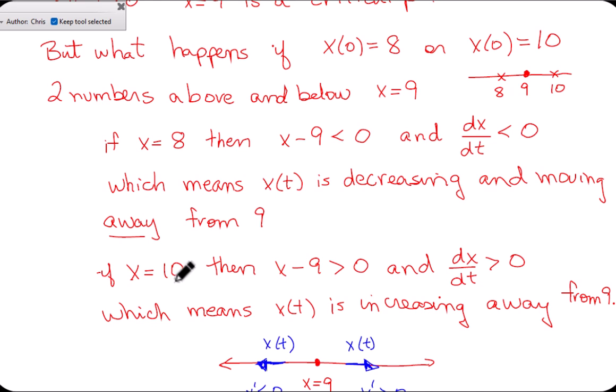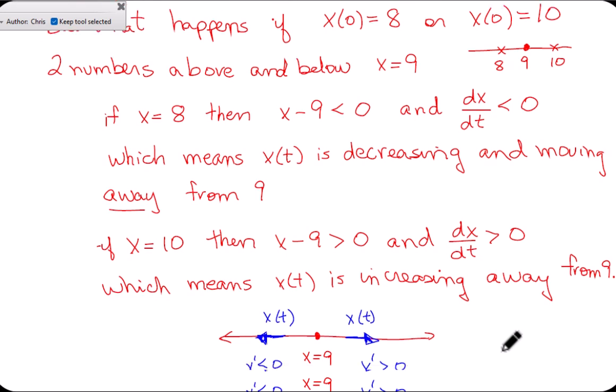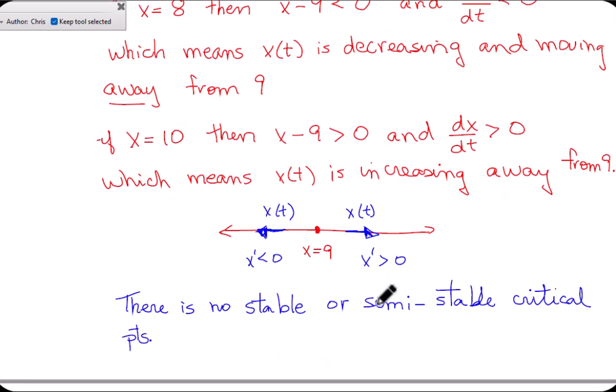If my initial condition is 10, 10 minus 9 is positive, the derivative is positive, and if the derivative is positive, then the function is increasing, and it's moving away from the critical point of 9. So you can see that in this particular picture here, if I start below 9, the function is going to be decreasing forever. And if I start above 9, the function will be increasing forever.